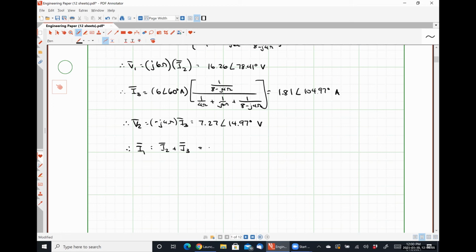Yeah, 2.5 with an angle of 29.06 degrees amps.